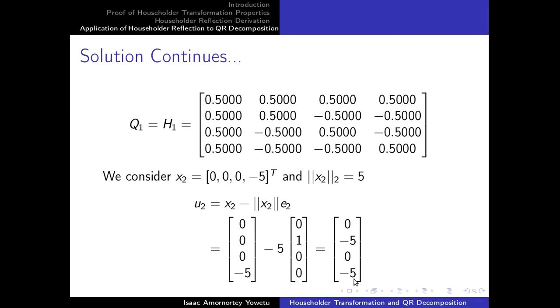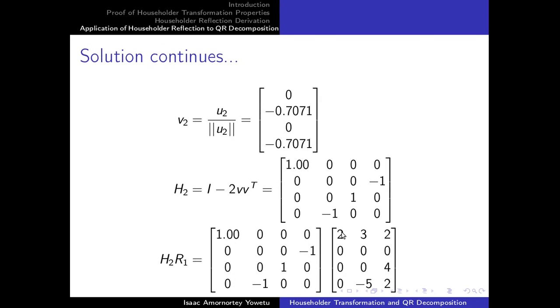And from U2, having obtained our U2, this our E2 is our second standard basis vector, that's 0, 1, 0, 0. And then we get our U2 here. And from U2, we also obtain our V2, which is the whole of this expression.